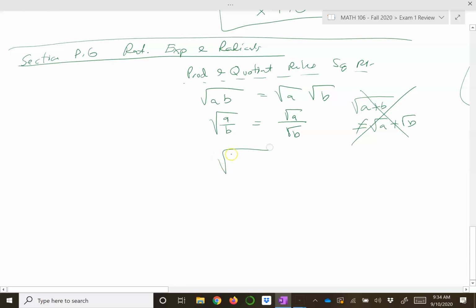Like if you had the square root of 16x to the 4th over 49y to the 6th, you could use the quotient rule to separate the numerator and denominator, and then use the product rule to separate the integers from the variables. So what are you left with? Well, the square root of 16 is 4. The square root of x to the 4th is x squared. The square root of 49 is 7. And the square root of y to the 6th is y cubed. All right?